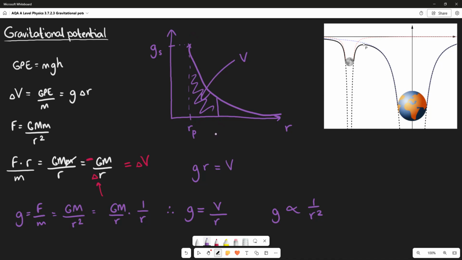Those of you who are doing A-level maths might be tempted to use integration to solve problems like this. However, A-level maths is not required for studying A-level physics, and therefore the techniques that you're going to be assessed on in your examinations will require you to use non-A-level maths techniques. So I recommend you use techniques such as counting the squares.